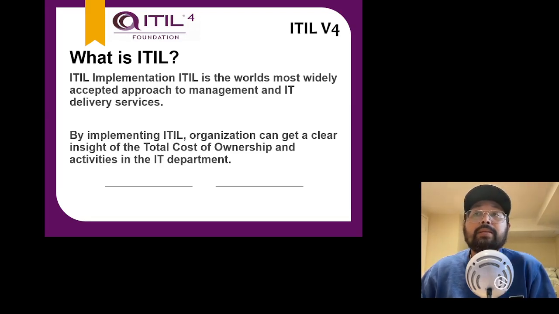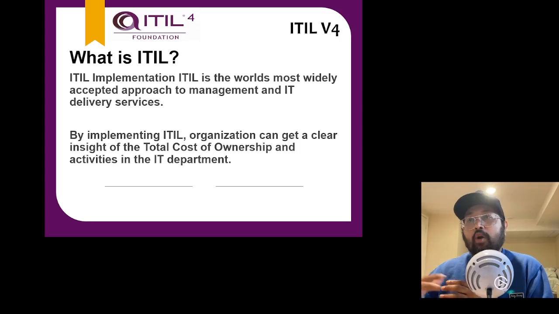By implementing ITIL, an organization can get a clear insight into the total cost of ownership and activities in the IT department. So the IT service delivery industry, specifically the IT service management industry and IT departments, try to follow the ITIL framework for ease of work and to put everything in an organized manner.